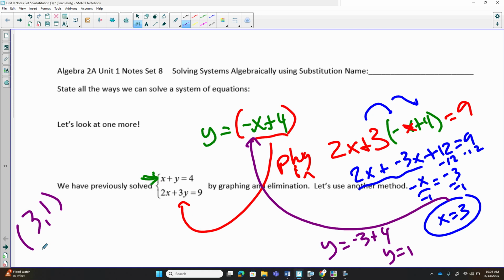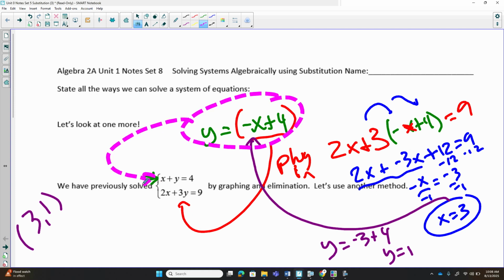All right, so a common mistake that is made in this one is taking this and plugging it back into the top one. If you do that, you'll get infinite solutions every single time. Because you're taking the line you're working with and plugging it back into itself, it's the same line. So if you're doing your work and you get infinite solutions, you want to make sure that you use equation number 1 and plug it into equation number 2.